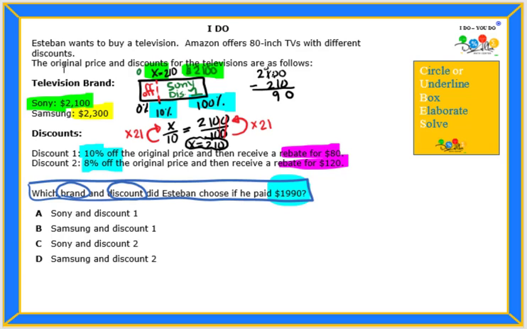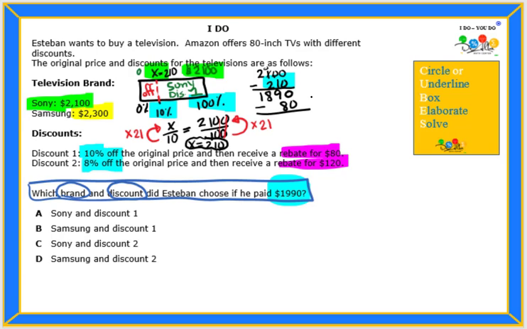So we subtract. We have to regroup and borrow. 20 minus 2 is 18. So we have $1,890. Remember, this is for the coupon right here in blue. And now we're going to do a rebate. The rebate is money back, so we're also going to subtract $80.